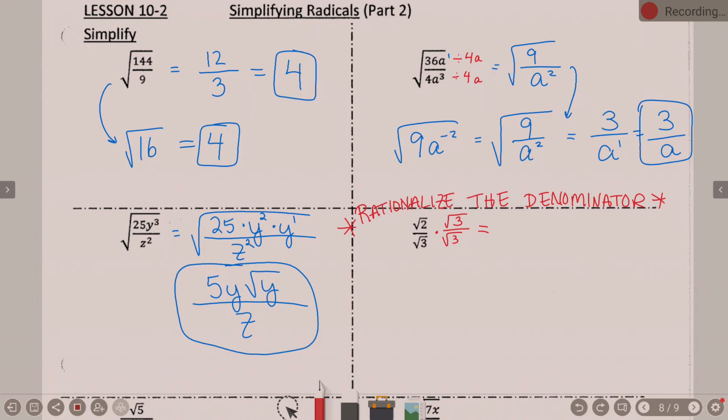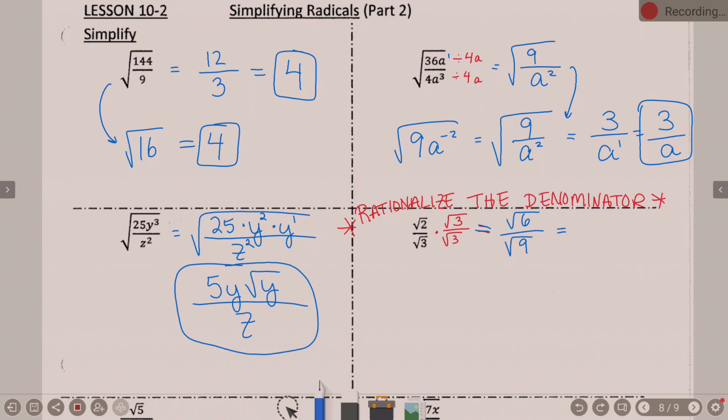In the numerator, what is the square root of 2 times the square root of 3? The square root of 6. Square root of 6, good. In the denominator, what is the square root of 3 times the square root of 3? Square root of 9.